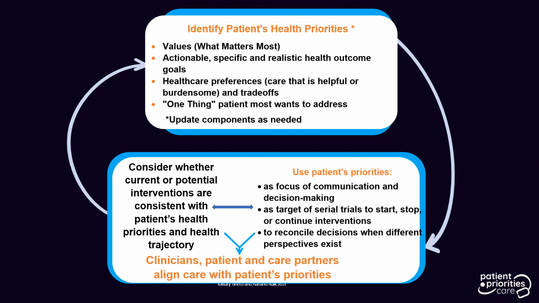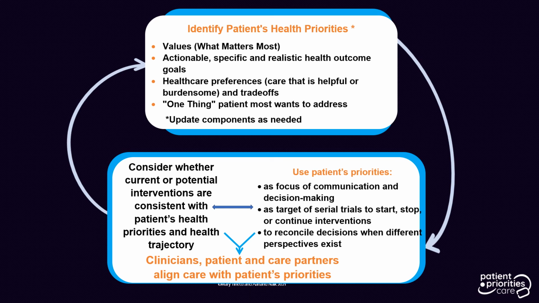There are only 2 steps to Patient Priorities Care. Identify a patient's health priorities and align care with these priorities. By health priorities, we mean the health outcome goals, the thing patients most want to do in their life that they want their health care to help them with, given their preferences.